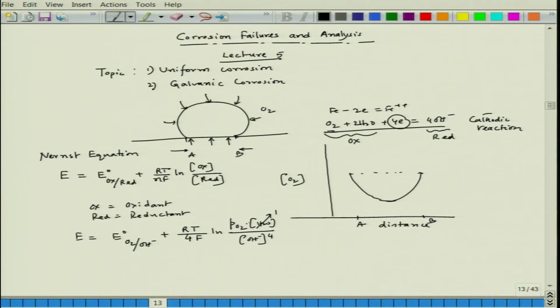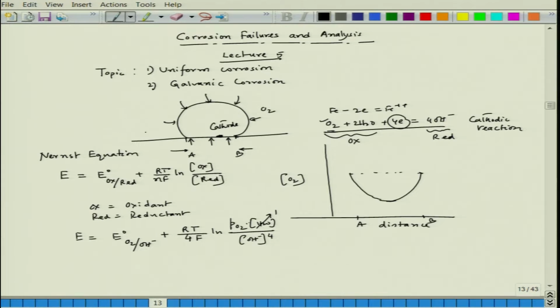So, that means wherever I have this cathodic reaction, the oxygen reaction, for example at this location, this part is the cathode. Let us say at some random time I could see that this particular reaction is taking place here. So, this will be the cathode.